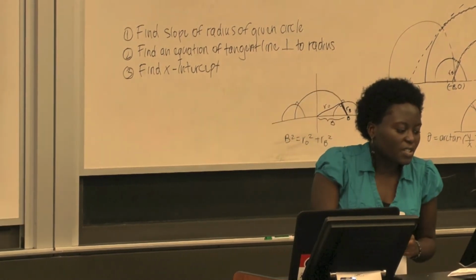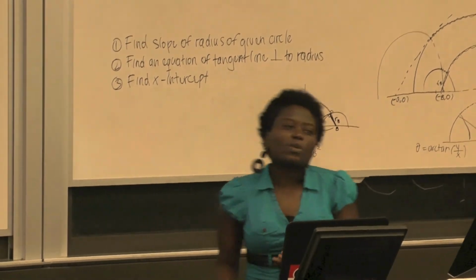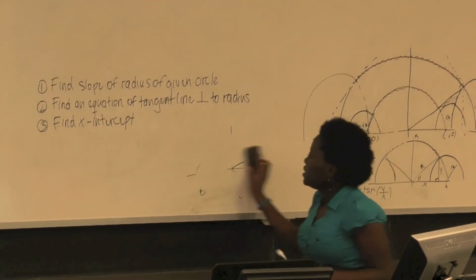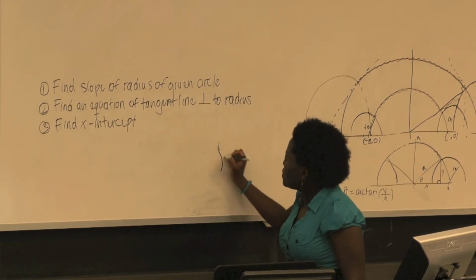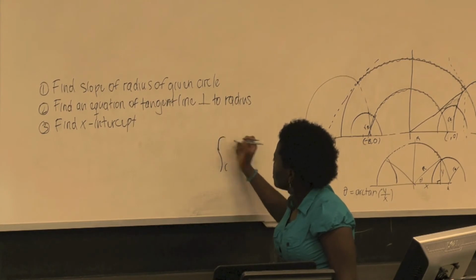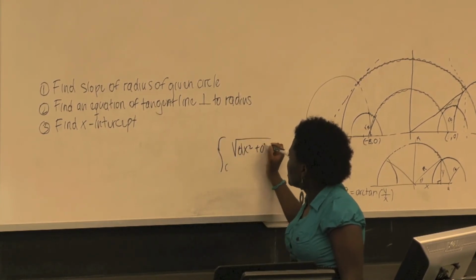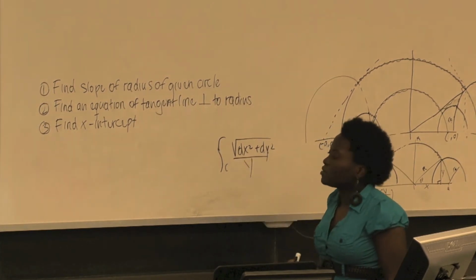The motivation for why it looks like that is, again, going back to our hyperbolic plane. Remember that the length was equal to the integral of the square root of dx squared plus dy squared, over y.